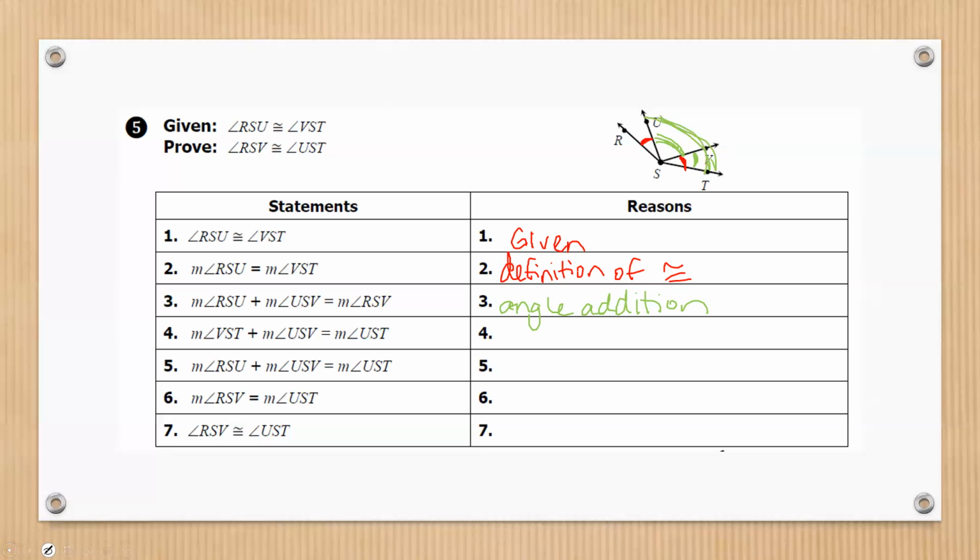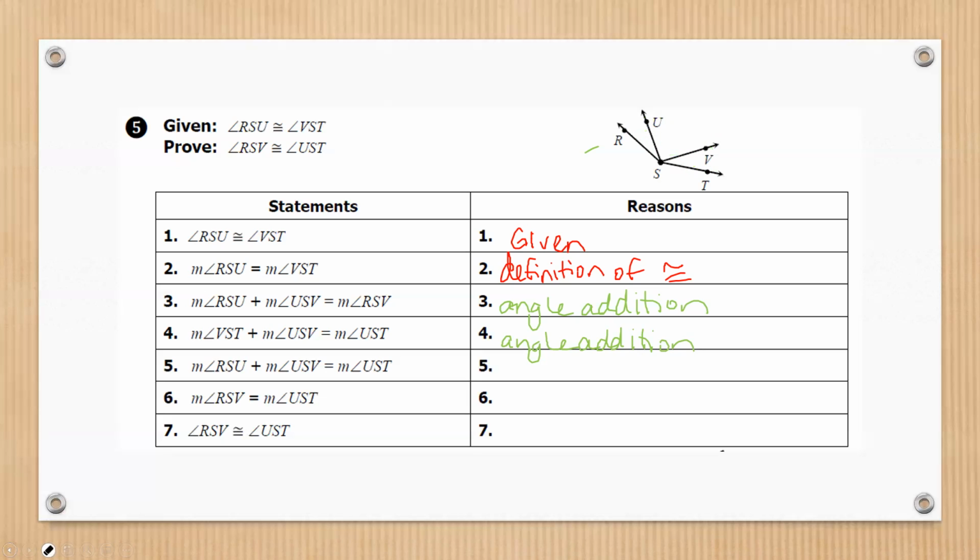That's angle addition again. Two angles added together to get a larger angle. Okay, now step 5 says angle RSU plus angle USV equals UST. That's not angle addition because RSU is over here.